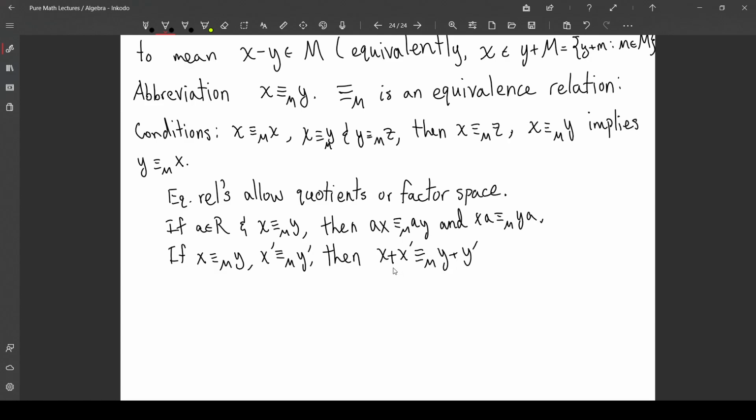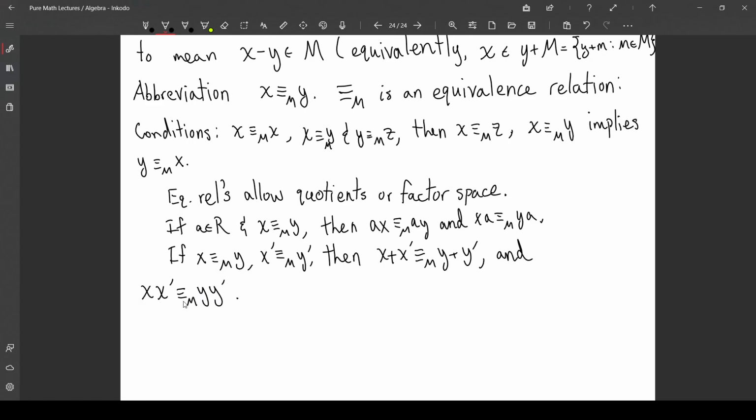This is true because x plus x prime minus (y plus y prime) is just the sum of x minus y and x prime minus y prime, and the sum of two elements in an ideal is in the ideal again. So that's true. And x times x prime is congruent to y times y prime.